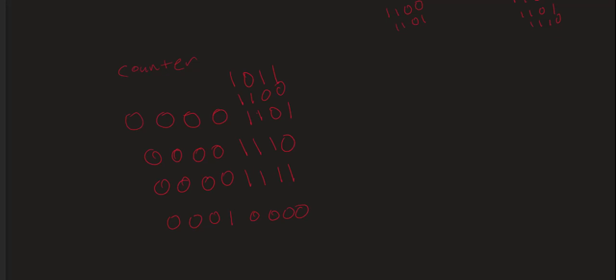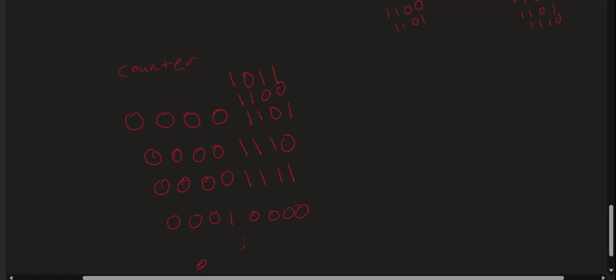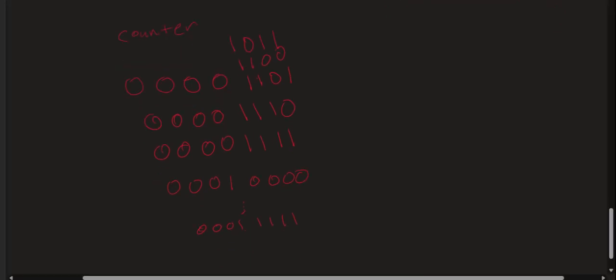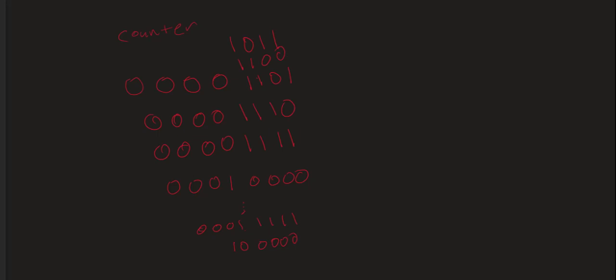And so this one will start counting again until it's ready to enable the second one again to count. And so once these are all 1s again, it enables this one to count up to the next one. And this one rolls over, and then this one's not enabled anymore. So that's how the two get strung together.